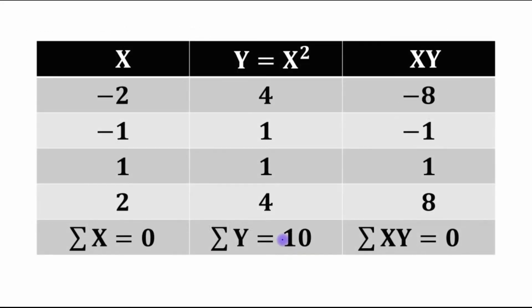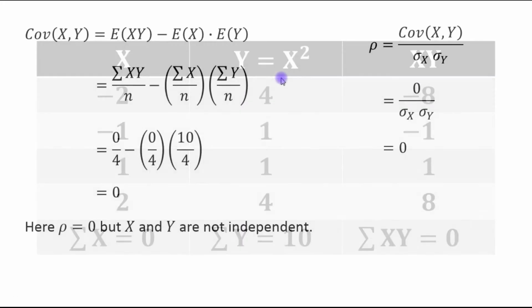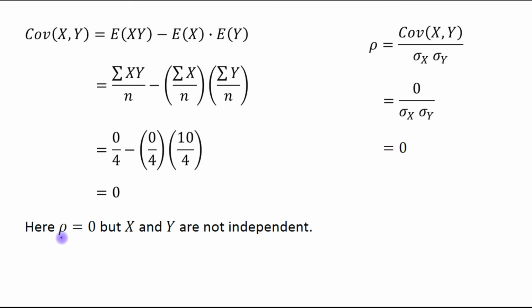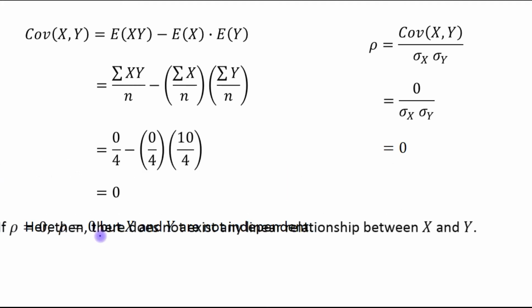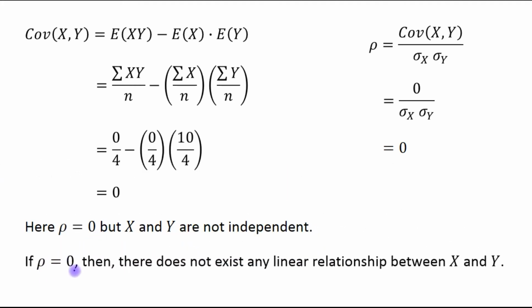As you can see, y equals x square. So x and y are not independent, but still correlation coefficient is 0. If correlation coefficient is 0, then there does not exist any linear relationship between x and y.